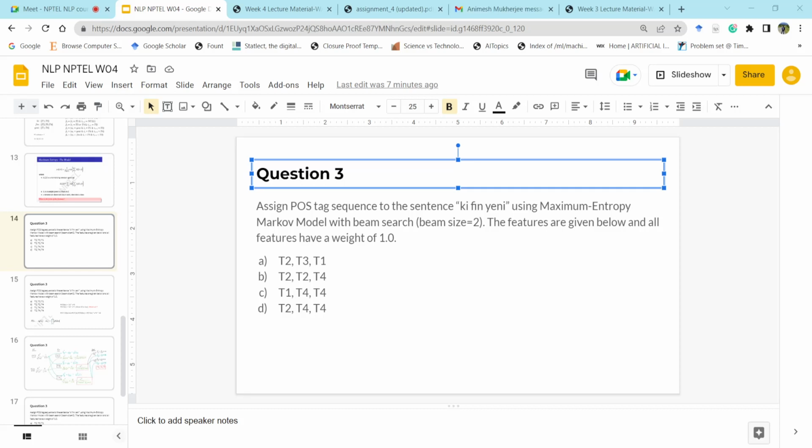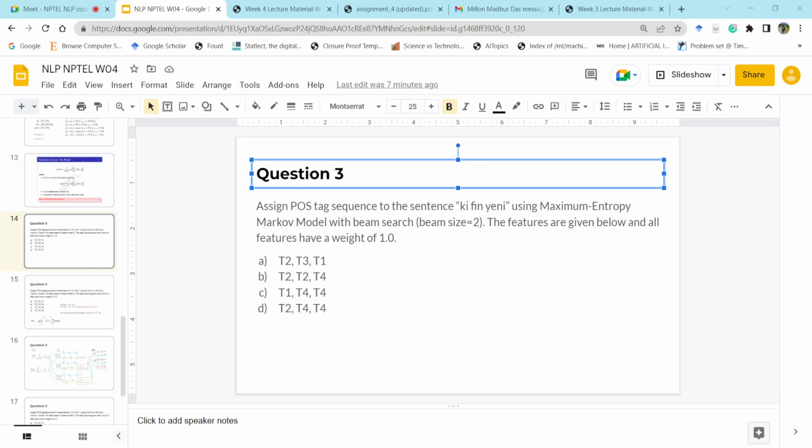P lambda of y given x equals 1 by Z lambda of x, e to the power summation of lambda i f i of x comma y.